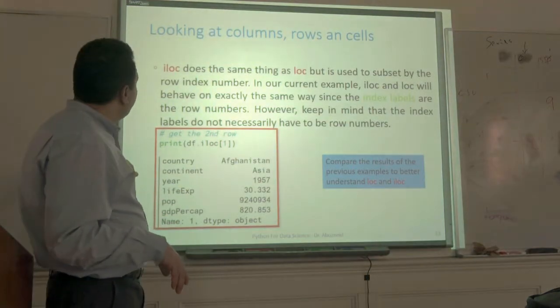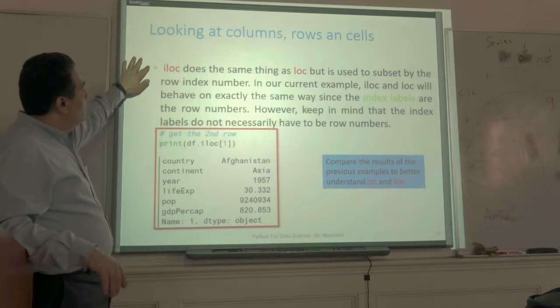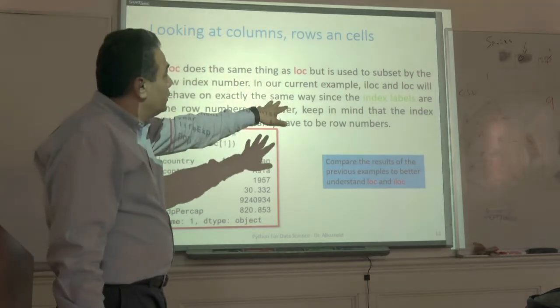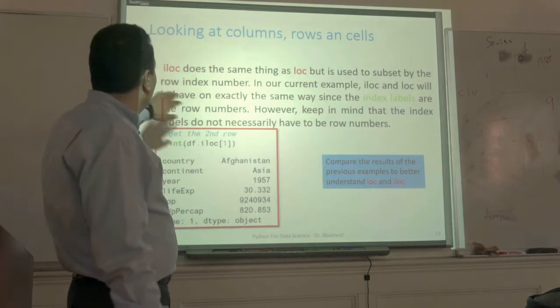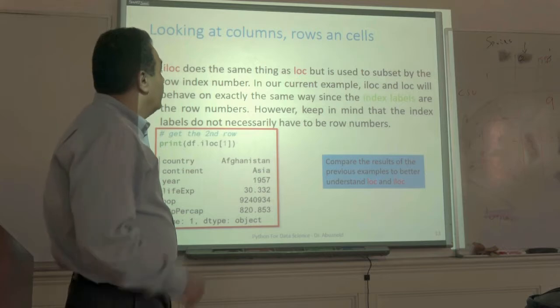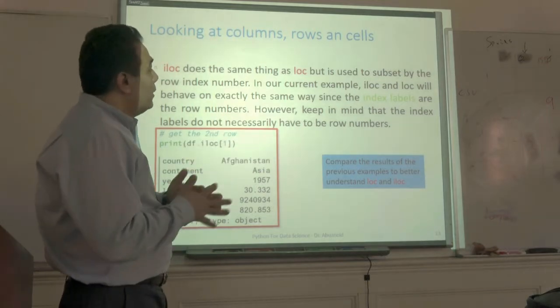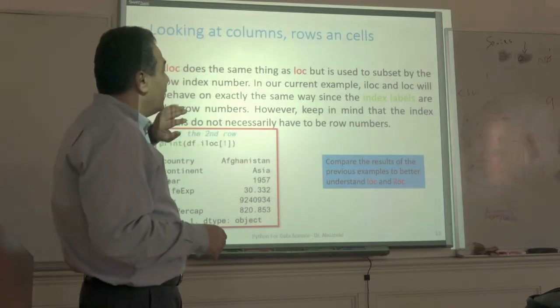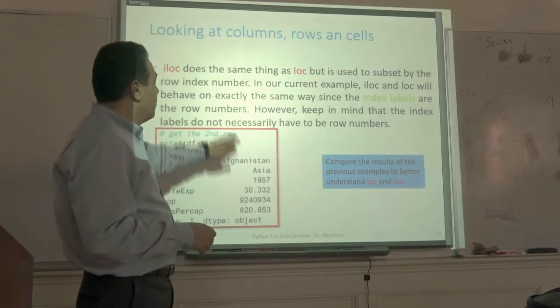All right. So iloc does the same thing as loc, but it is used to subset by the row index number, not value, number. In our current example, iloc and loc will behave exactly the same way, since the index labels are the row numbers.